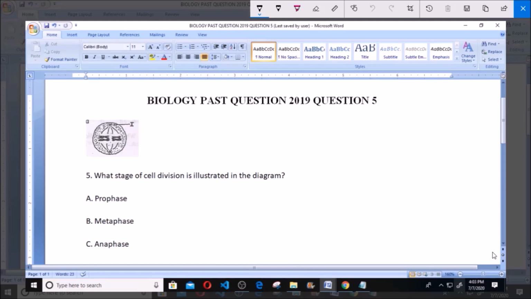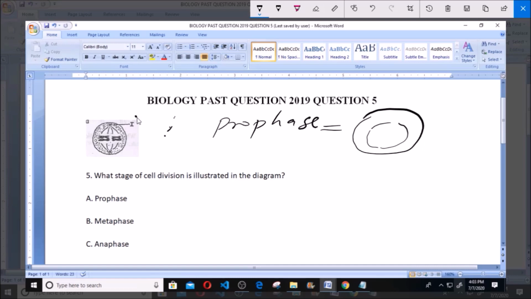In prophase, the striking feature is the condensation of the chromatin and the disappearance of the nucleus. The nucleus begins to disappear, and then the chromatin begins to condense, and then you have something like this. Now this is for prophase.